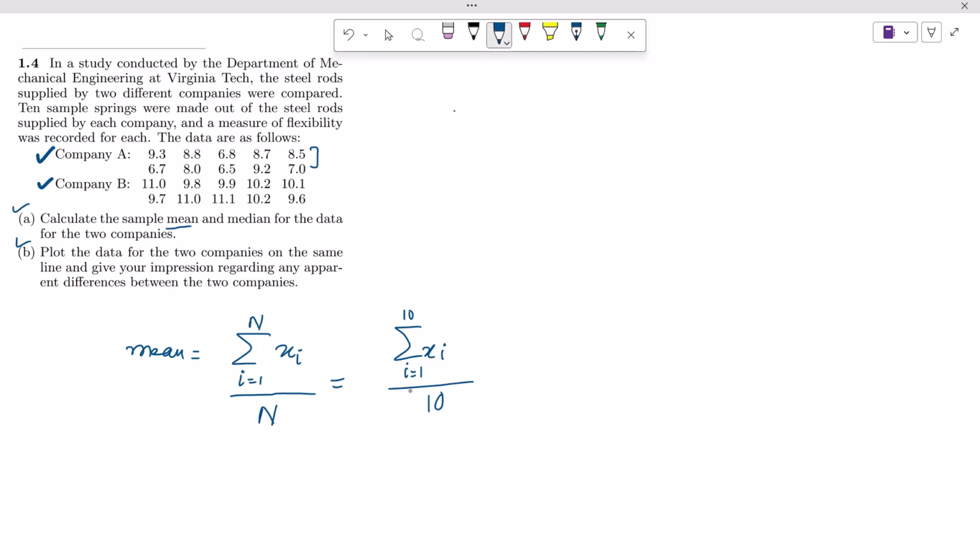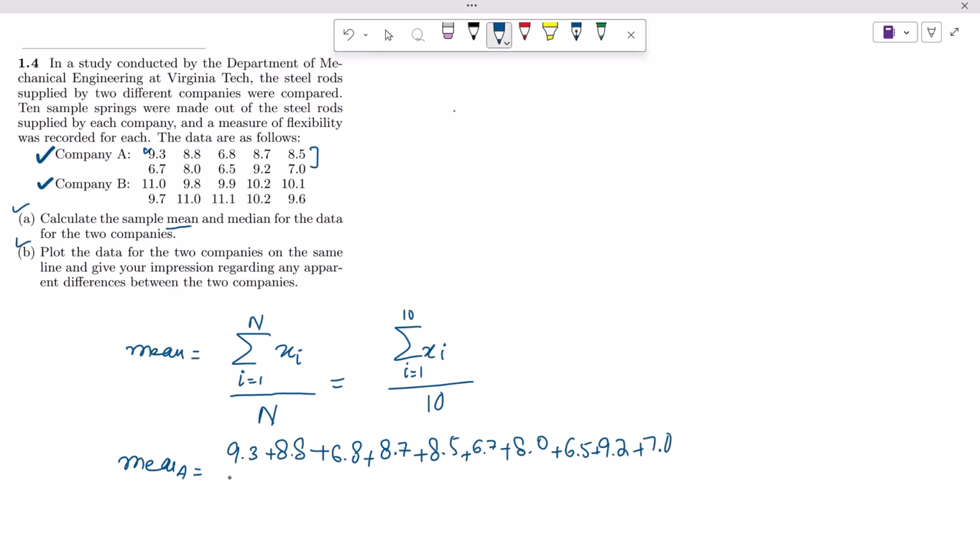So you have to add them together. For company A, we will have the mean A, and that would be this data: 9.3 plus 8.8 plus 6.8 plus 8.7 plus 8.5 plus 6.7 plus 8.0 plus 6.5 plus 9.2 plus 7.0.